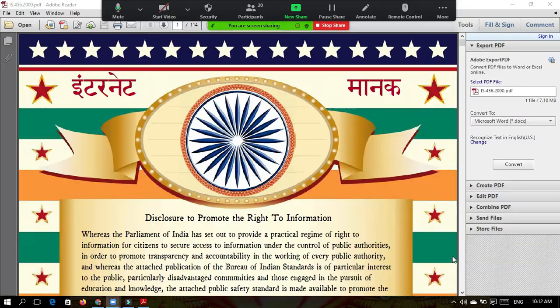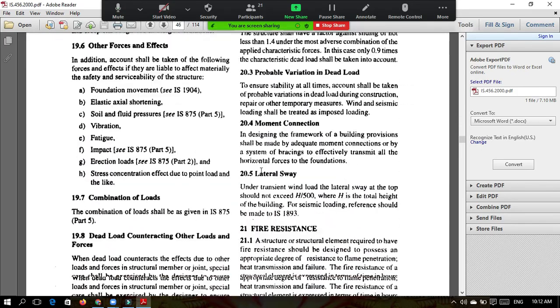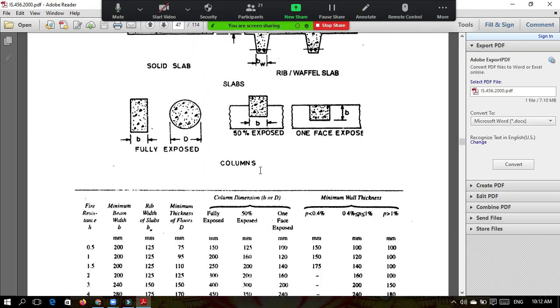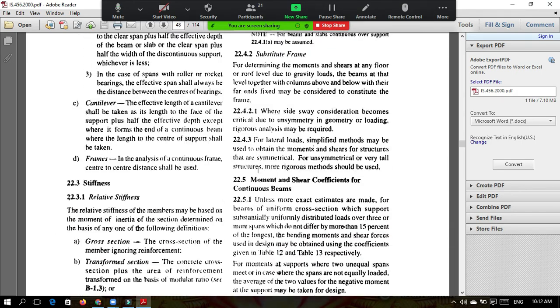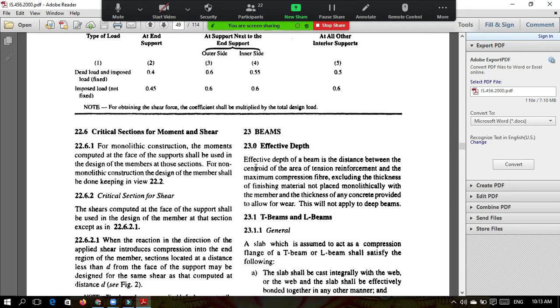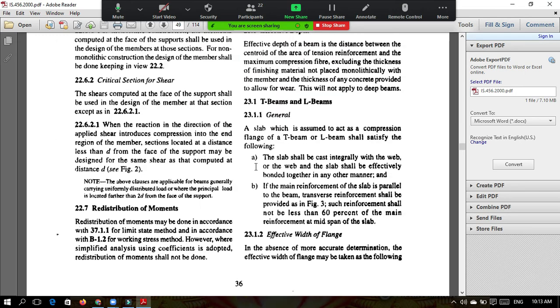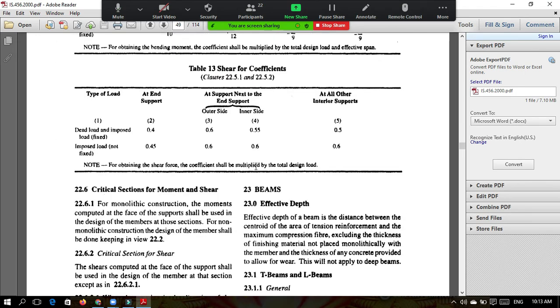So in the IS code, now page number 36, table number 12.